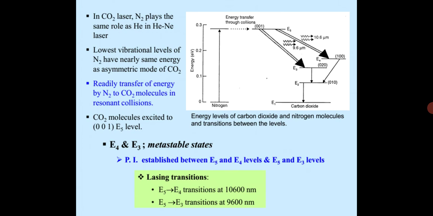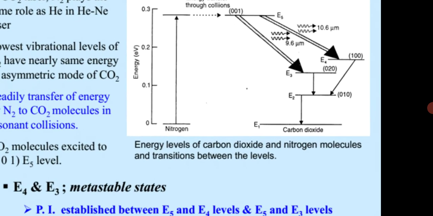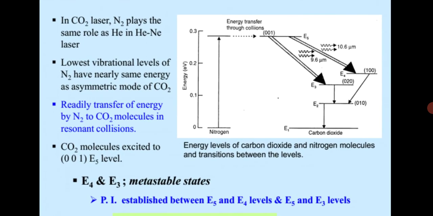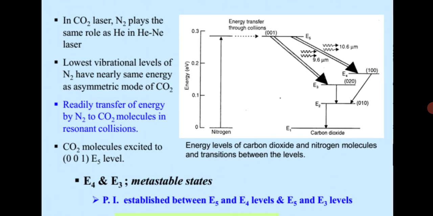So population inversion is established between the E5 level and the E4 and E3 levels. E4 and E3 are metastable states. As shown in the figure, when nitrogen is excited by the discharge, its energy is transferred by collision to carbon dioxide, raising it to the higher energy level.